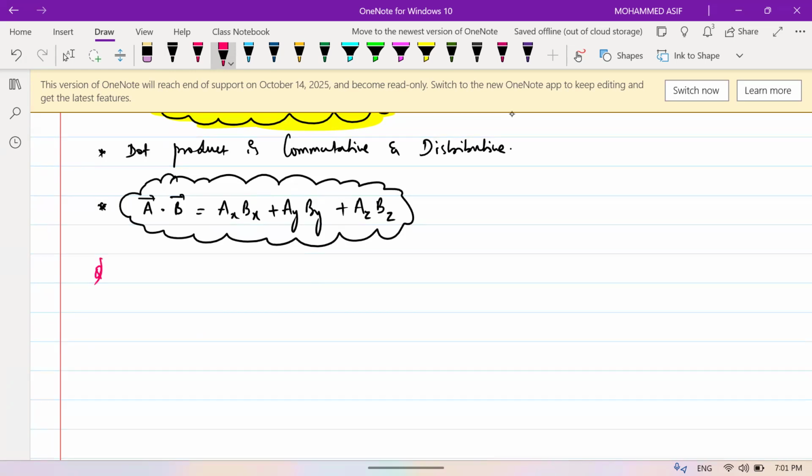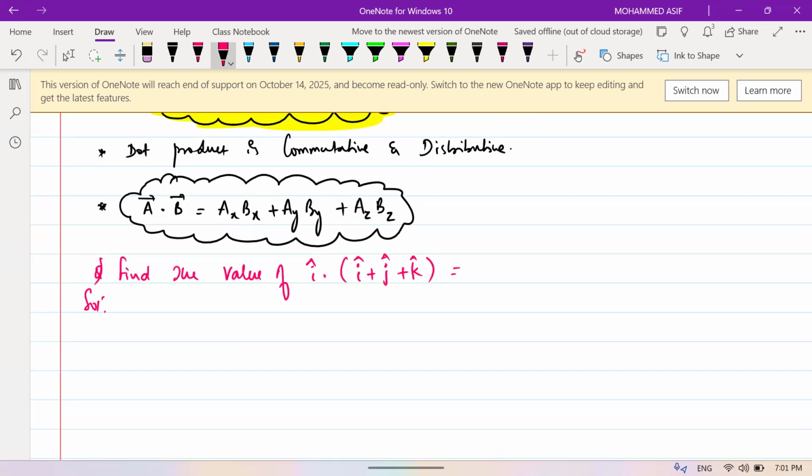See this question. Find the value of i cap multiplied with i cap plus j cap plus k cap.